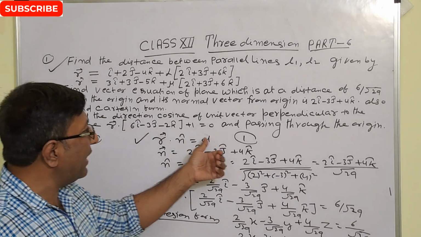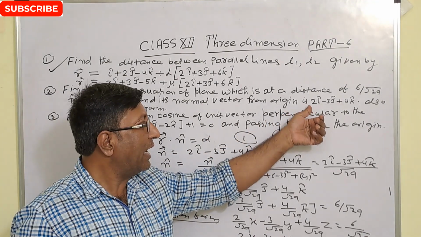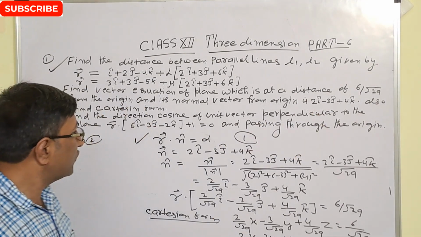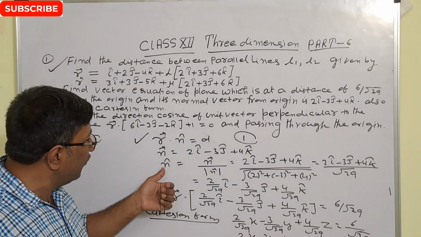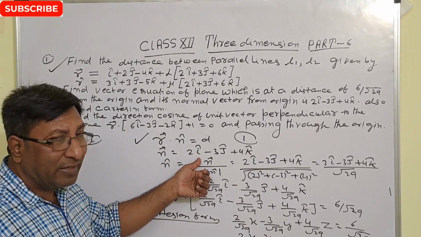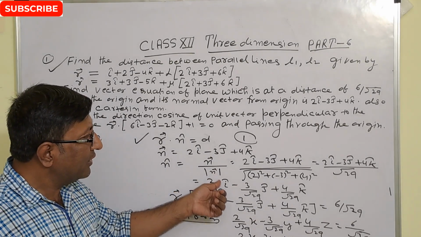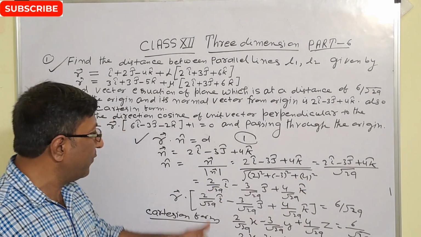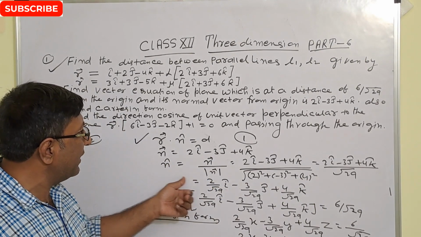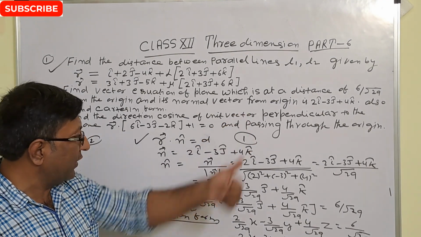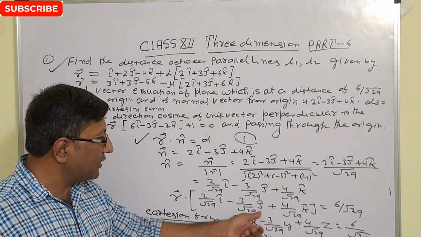Here the n vector is given, so with the help of the n vector you find the unit vector of n. So the unit vector equals n vector divided by the magnitude of the n vector. Now put this value of the unit vector in equation 1, and d is already given as 6 by root 29. So the required equation is this.